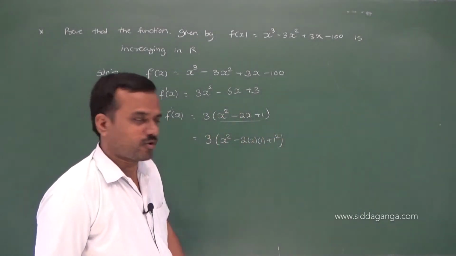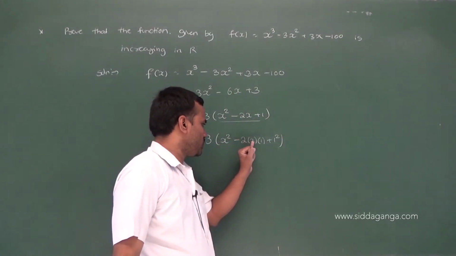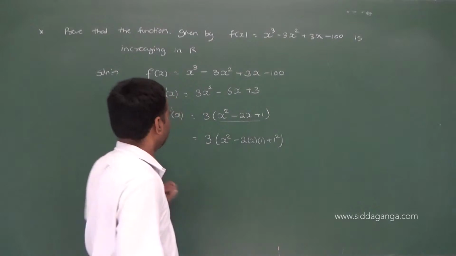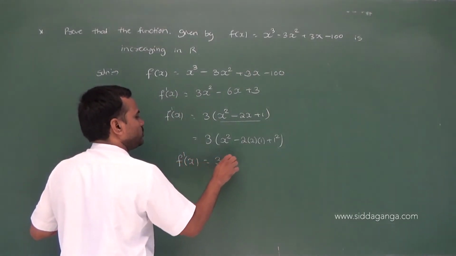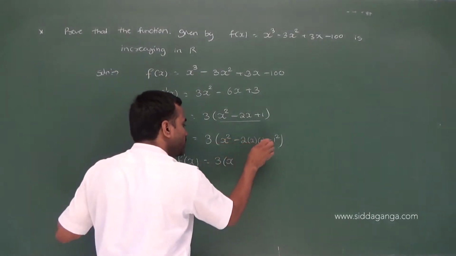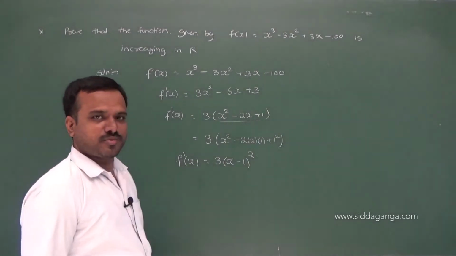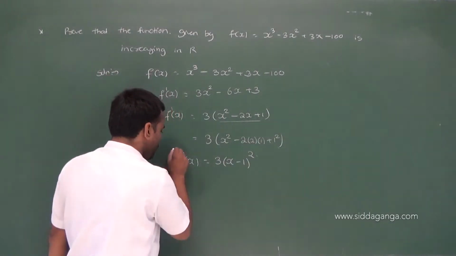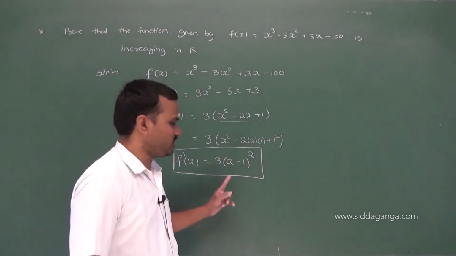Why do I write this? Because a square minus 2ab plus b square is a minus b whole square. So f dash of x is 3 into x minus 1 whole square. Observe carefully. This is f dash of x.